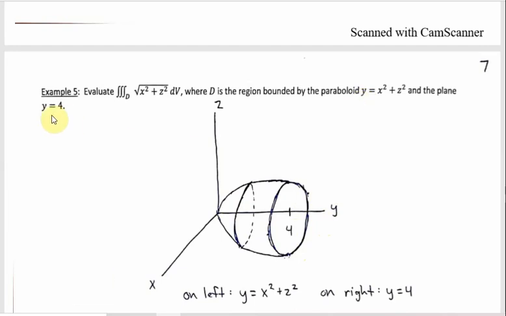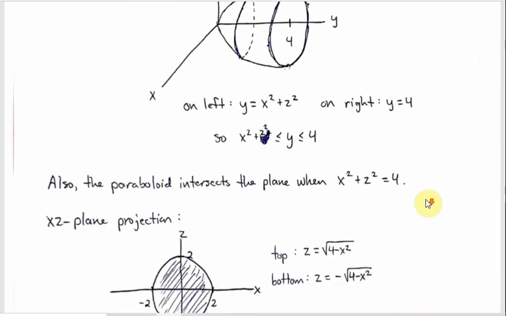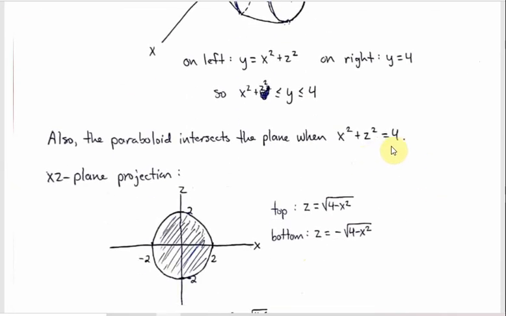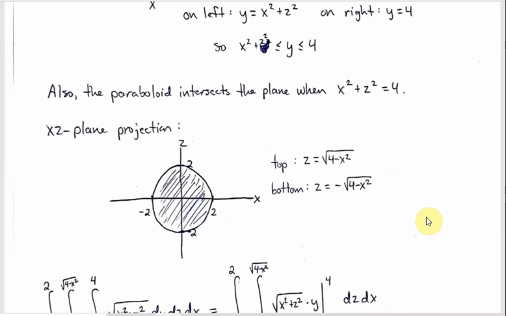Because it would be when the two y's are equal. So x squared plus z squared equals 4 is a circle. It doesn't look like one in my paraboloid, but don't take that as a literal good drawing or anything. Right, that's just a circle centered at the origin with radius 2, right?